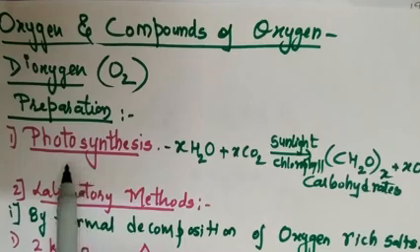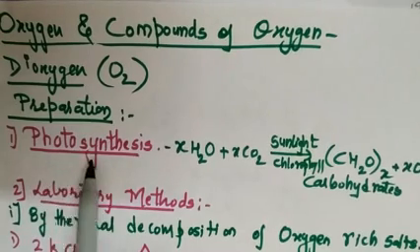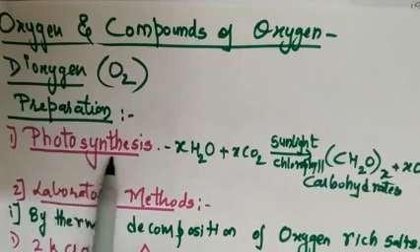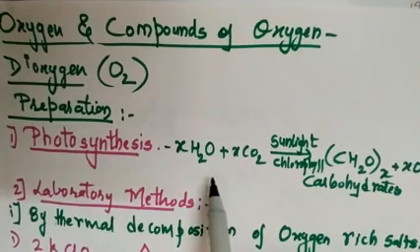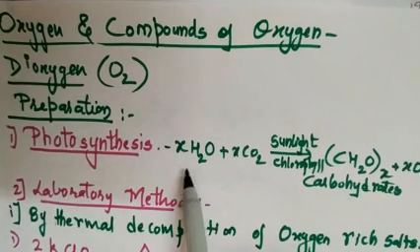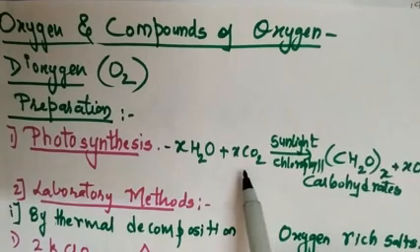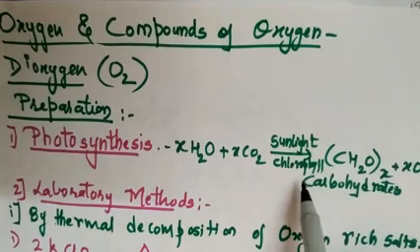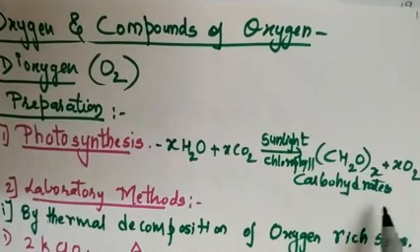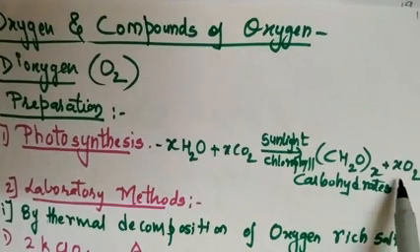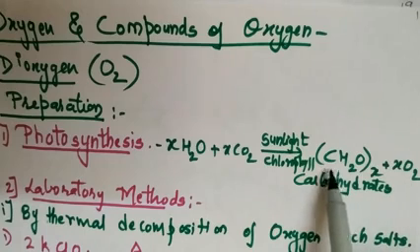All of you know that in the atmosphere we get oxygen through the process of photosynthesis. Its reaction is when x molecules of water combine with x molecules of carbon dioxide, in the presence of sunlight and chlorophyll, we get carbohydrates and oxygen is released, right? x molecules of oxygen.